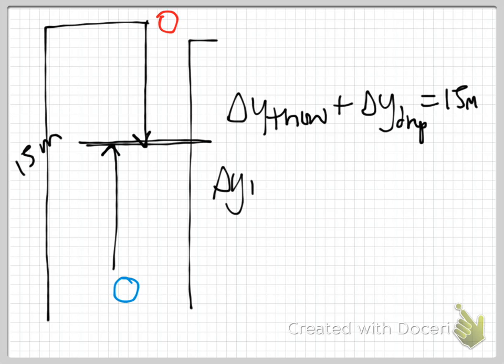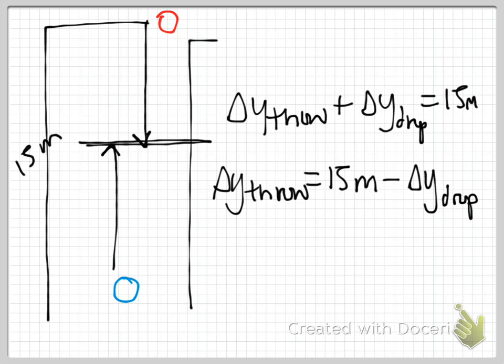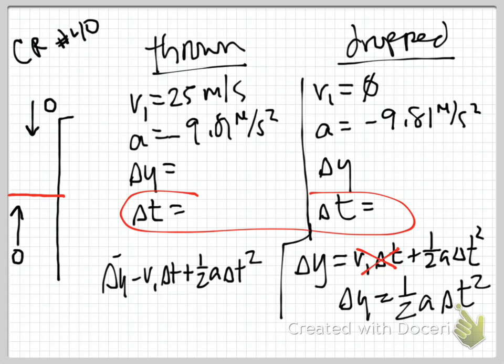So delta y throw is equal to 15 meters minus delta y drop. Okay. Well, suddenly, lo and behold, I have an expression that I can stick in here. And with that expression, I now have a means to solve this.